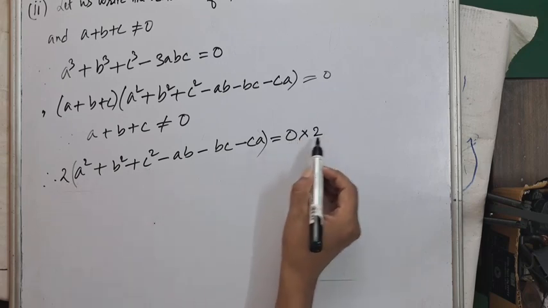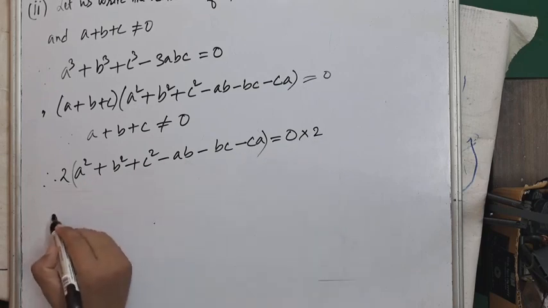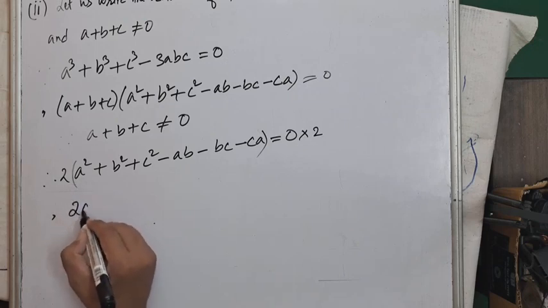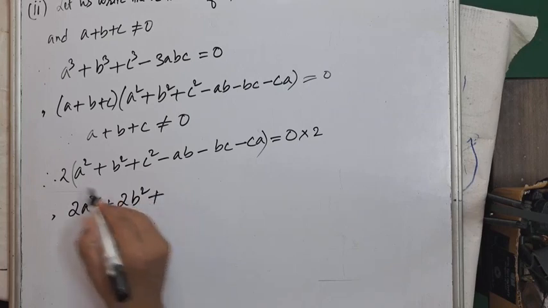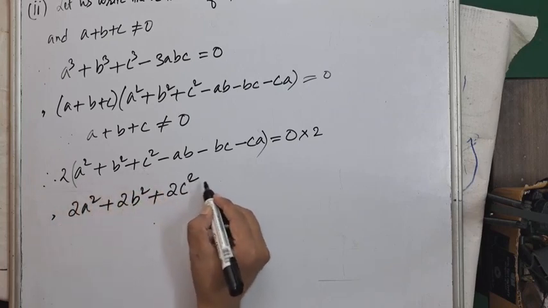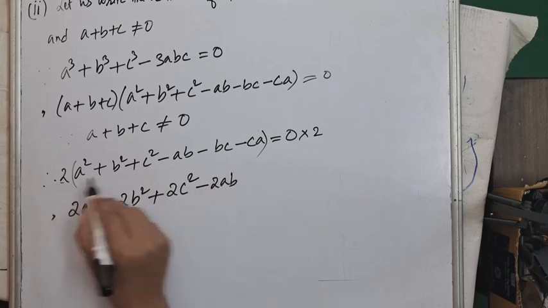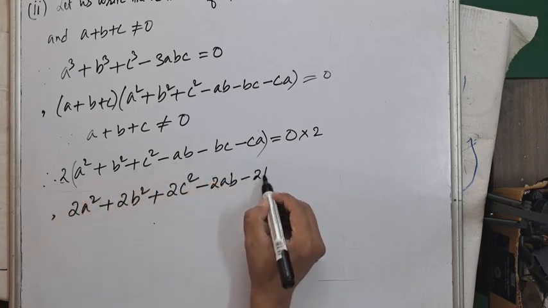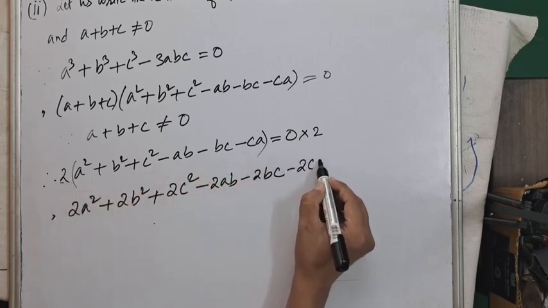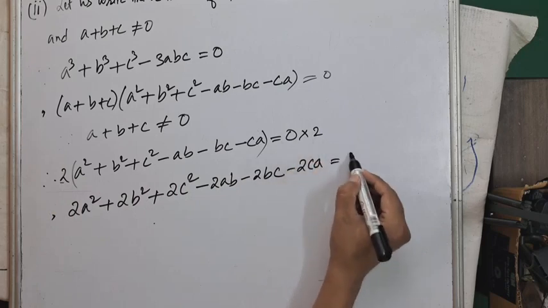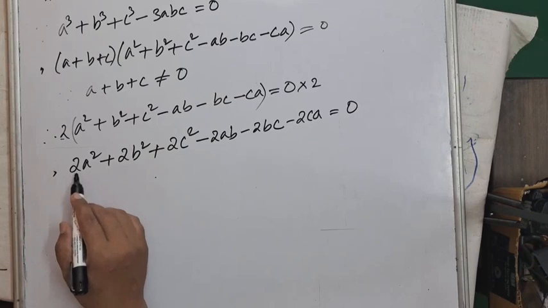Now we get 2A square plus 2B square plus 2C square minus 2AB, minus 2BC, minus 2CA equal to 0 into 2, which is 0. Okay, now we have here 2A square.